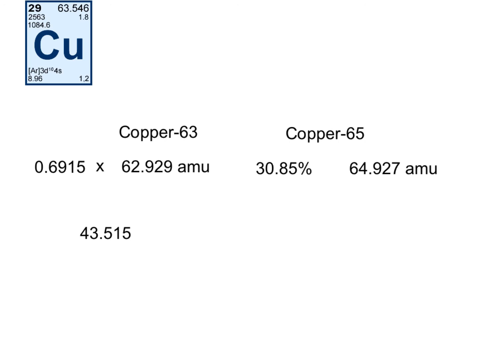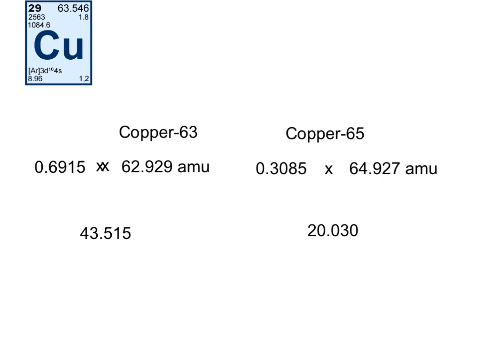We'll do the same thing over here. We'll take our percentage and change it to a decimal. And that gives it a different name too, from percent abundance to relative abundance. And when we multiply those two, we get 20.030. That is the contribution of mass of that isotope to the sample.